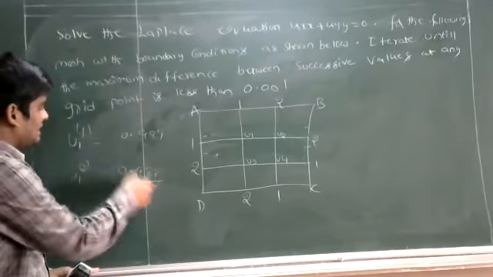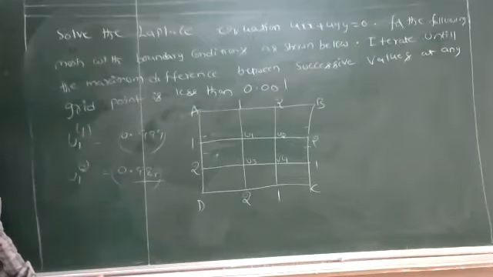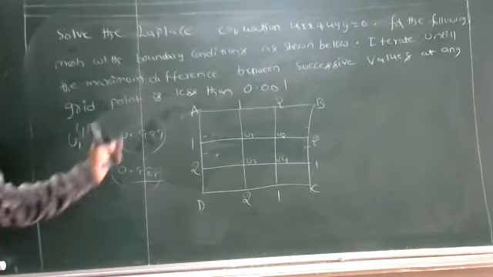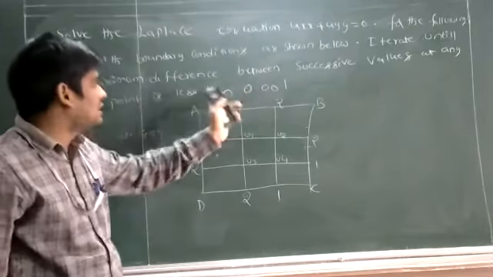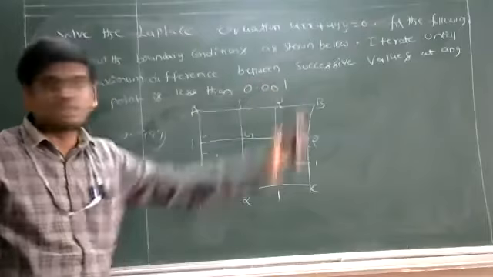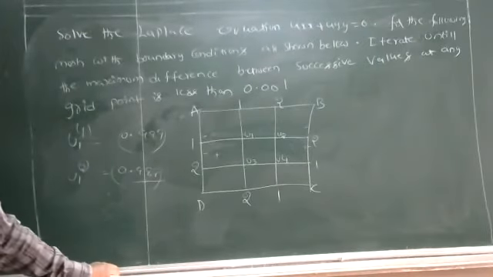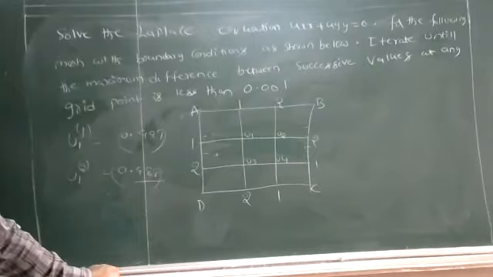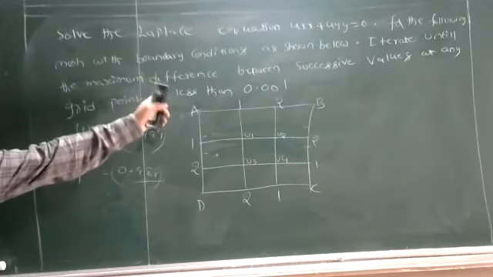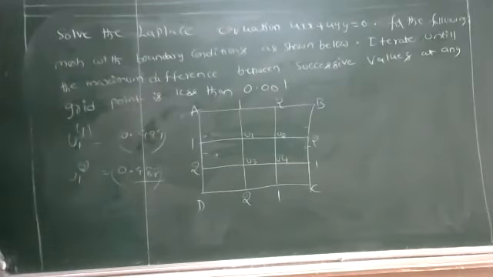The difference between these two is very small. Here they mention that the difference must be less than 0.01, so in that situation only we stop the iteration process.